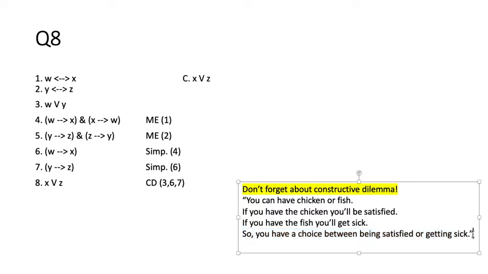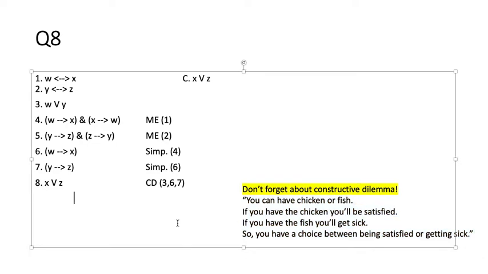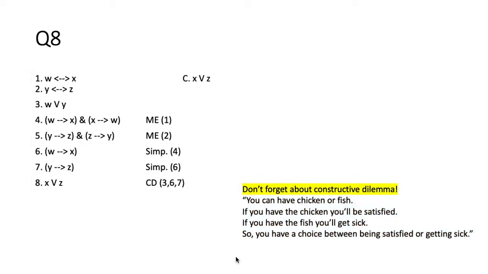Now, if you can follow intuitively the inference in the quotes here that I'm highlighting, then you have a solid grasp of constructive dilemma, and of why this rule exists and why it's a valid inference.